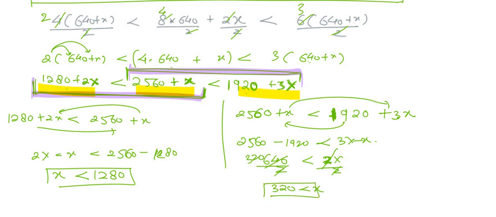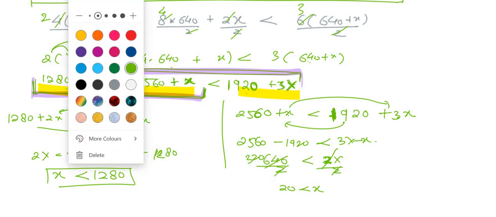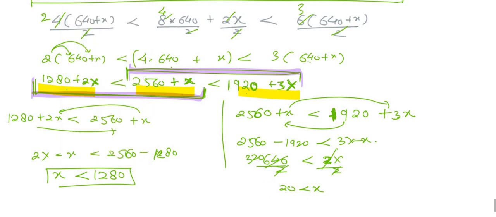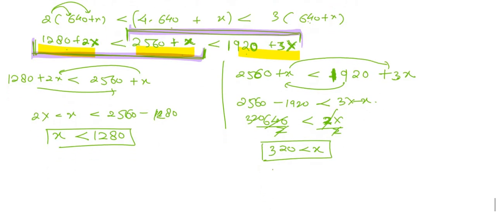Okay, if I combine these two answers, what is the final answer? The value of x. So x seems to be more than 320 if I combine this, but less than 1280 liters.